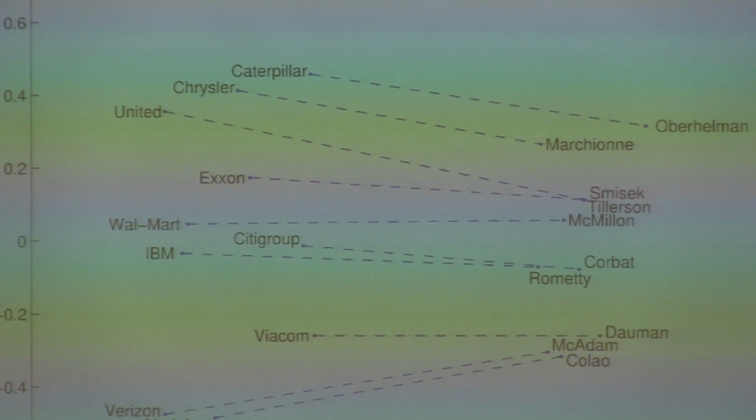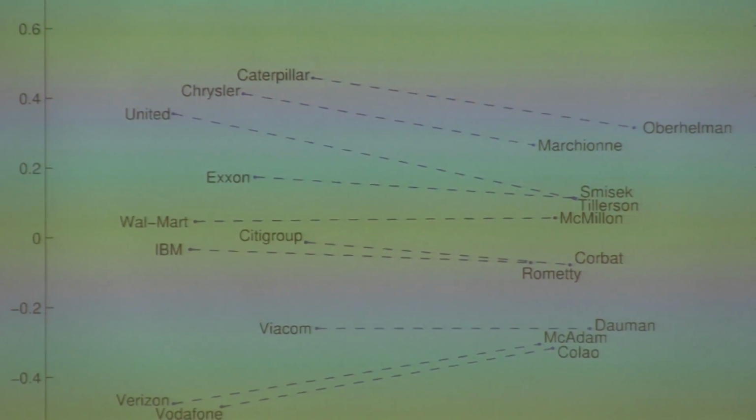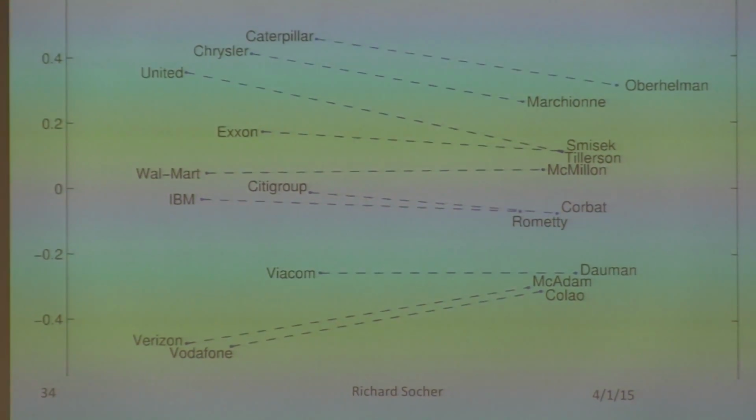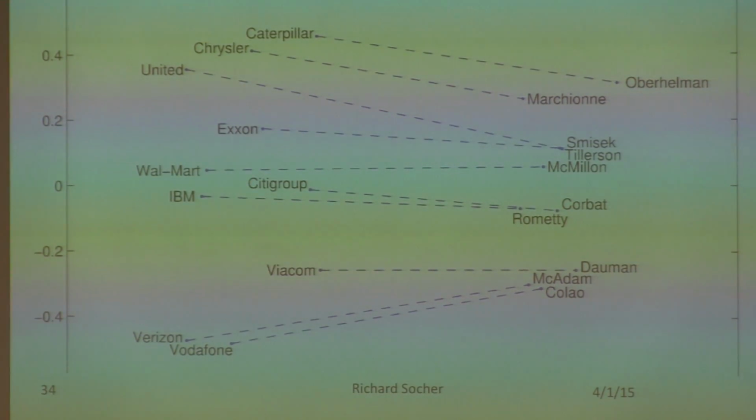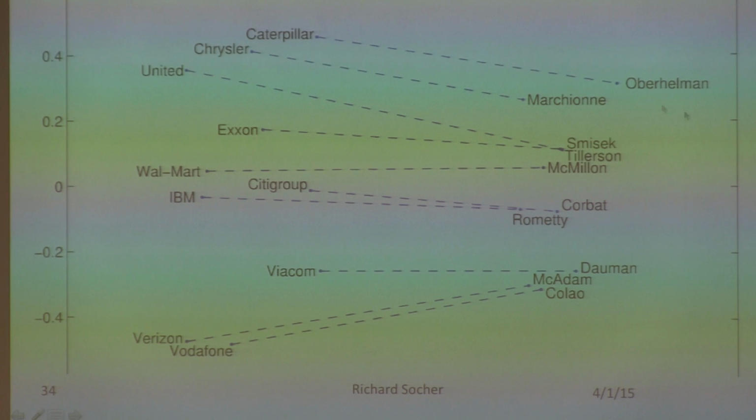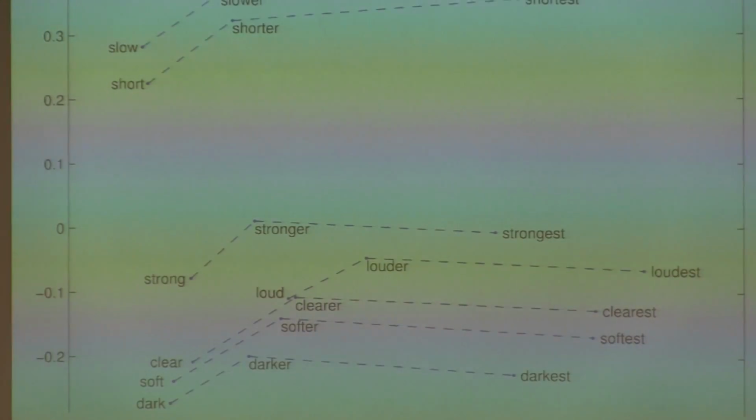It goes as far as, if you train it on more recent corpora, it also gets the relationship of a company and their CEO. So you have Caterpillar and Oberhelman or something, with similar relationships. So it's amazing. And if you want to read more about the underlying mathematical intuition of why these things happen, I can definitely recommend reading Jeffrey's paper on the GloVe vectors.